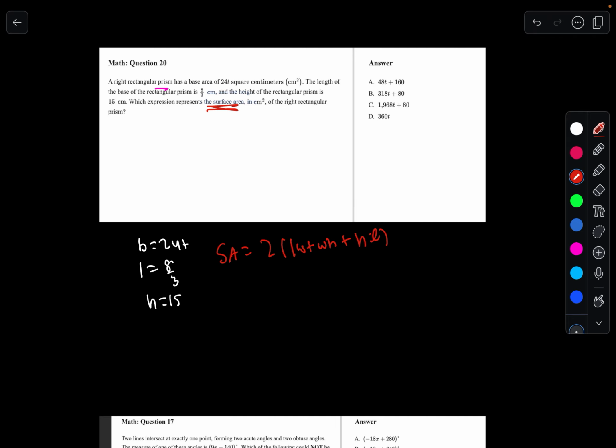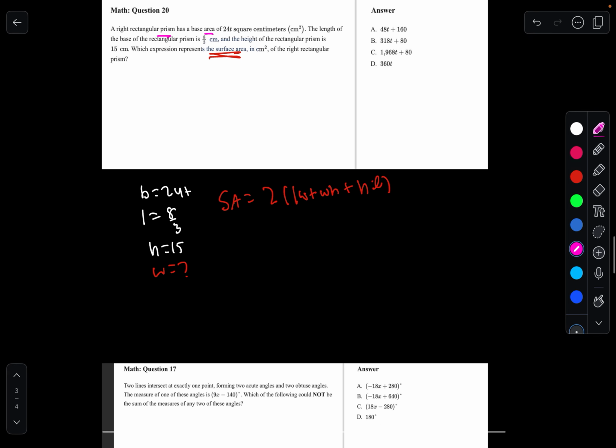And now we need to find these variables. The thing is though, we don't know what W is equal to, so we need to try to find W. Another formula we could use: we see that the base area is equal to 24t. We know that the base area is equal to width times length.